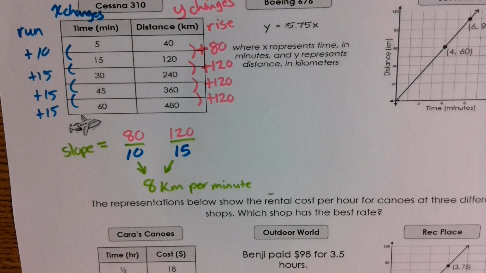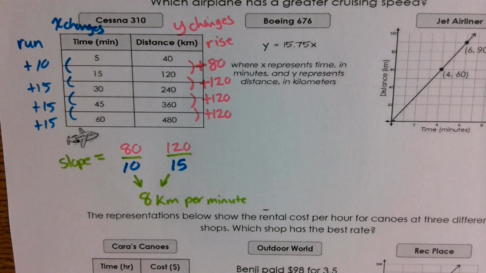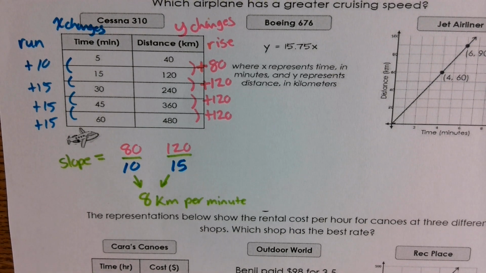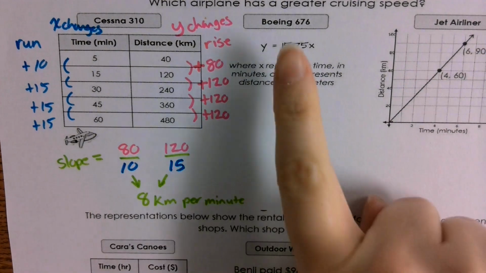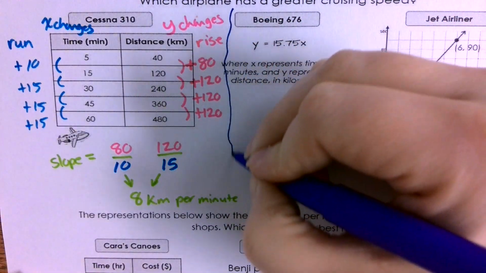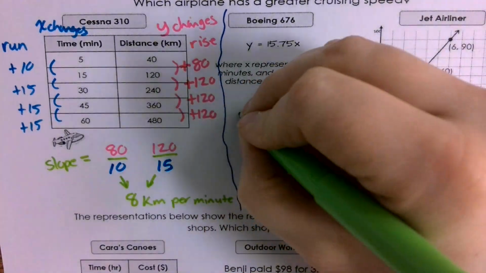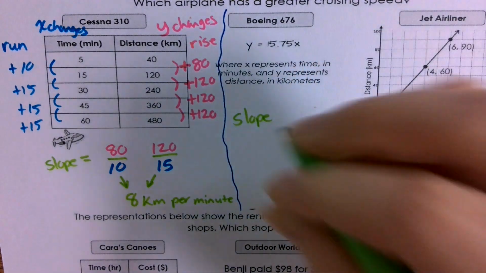And we're trying to figure out which of these three airplanes has a greater or faster cruising speed. Okay, let's take a look at the second airplane here. The second airplane is just giving it to us as an equation. So what's the slope? 15.75.